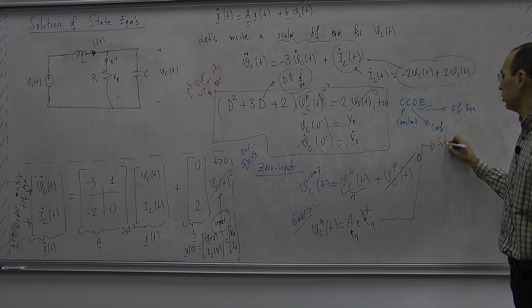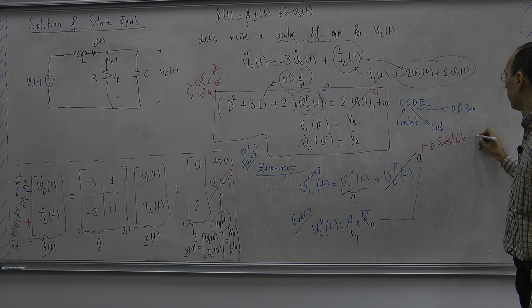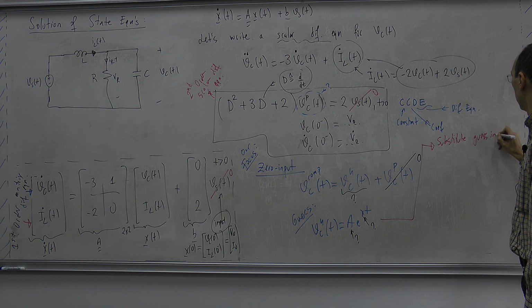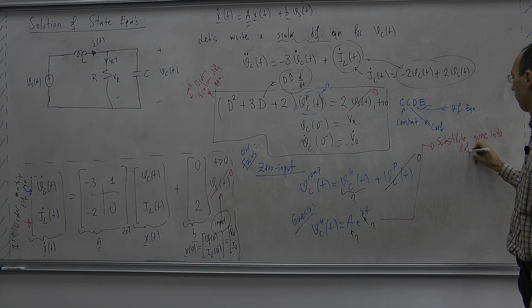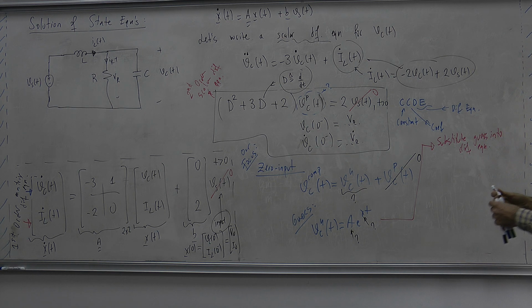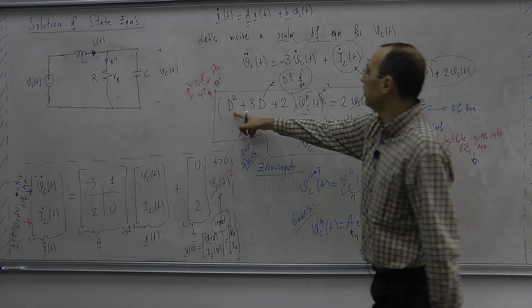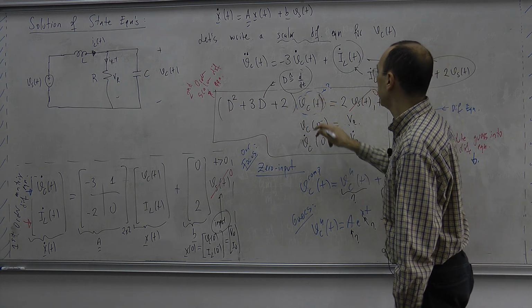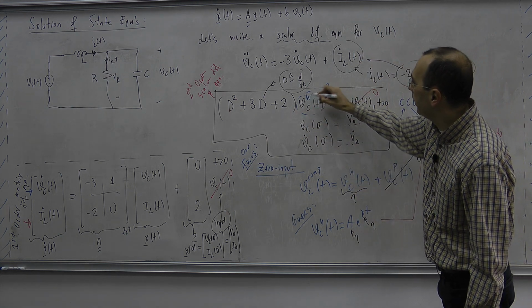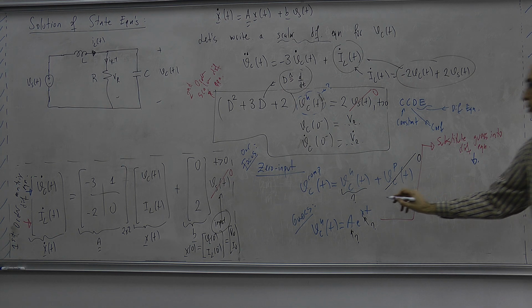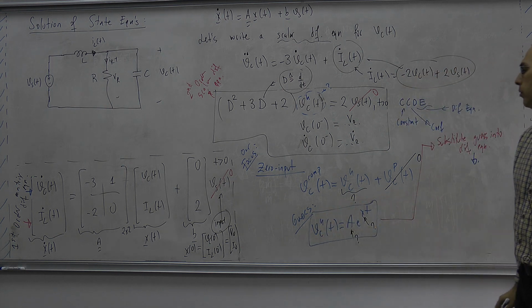So what do we do? Now you substitute the guess into the differential equation. So what do we get once we do the substitution? Now, this time I'm focused on the homogeneous part, h, taking the second derivative of this.